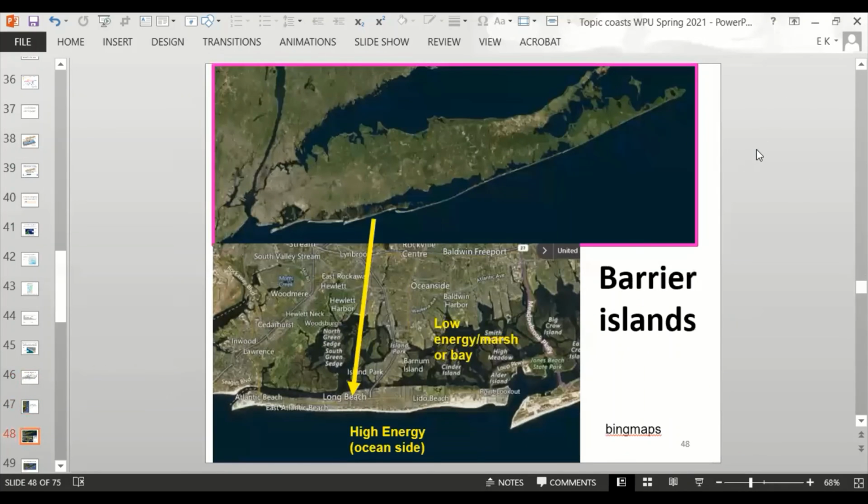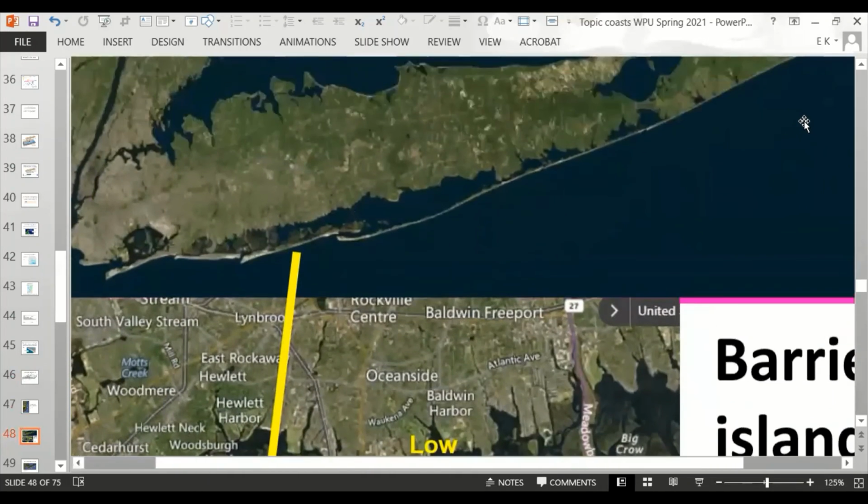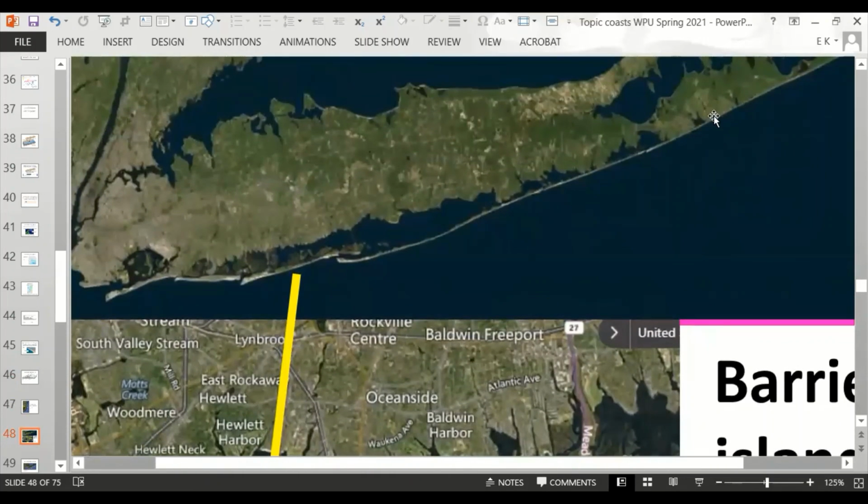And here are some barrier islands along the south shore of Long Island. So barrier islands. Okay, this is a baymouth bar. I showed you a map of this area before, the baymouth bar.